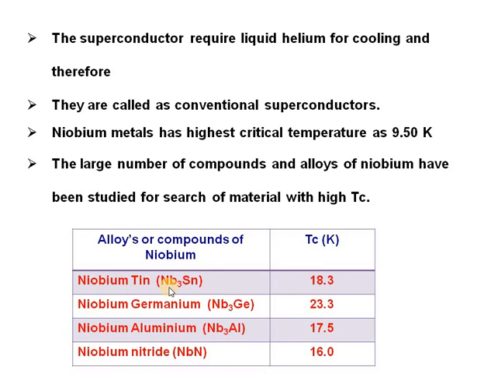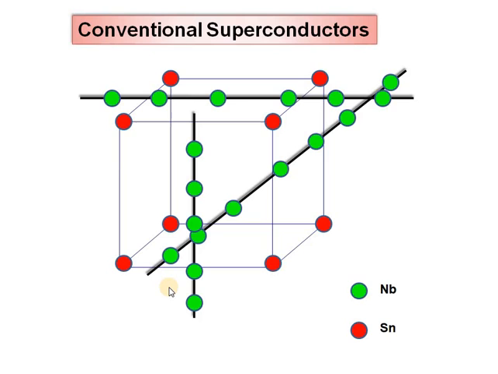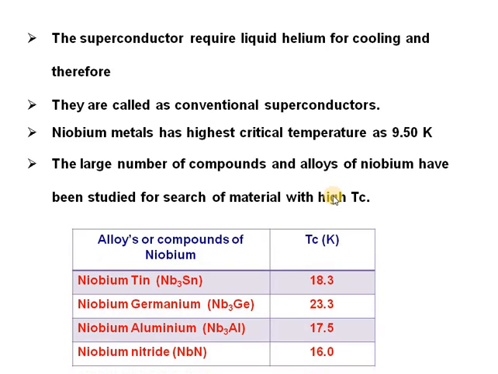Firstly, niobium tin has a critical temperature of about 18.3 Kelvin. Next is niobium germanium, with a critical temperature of 23.3 Kelvin.